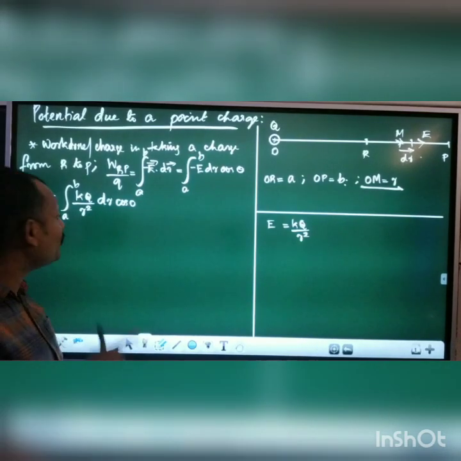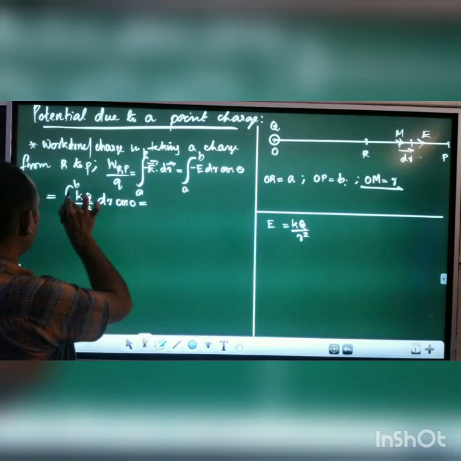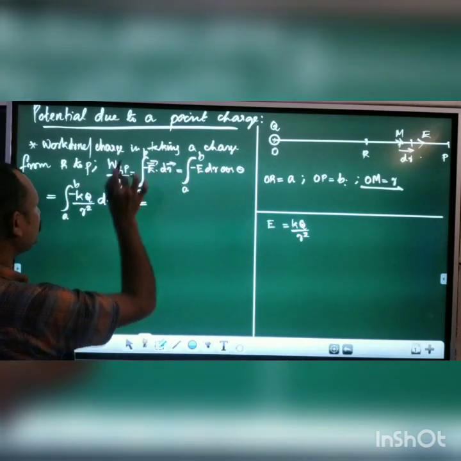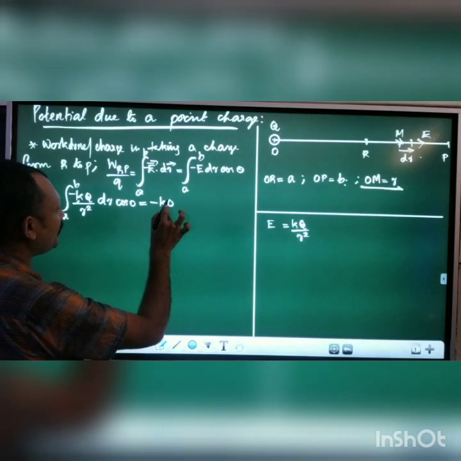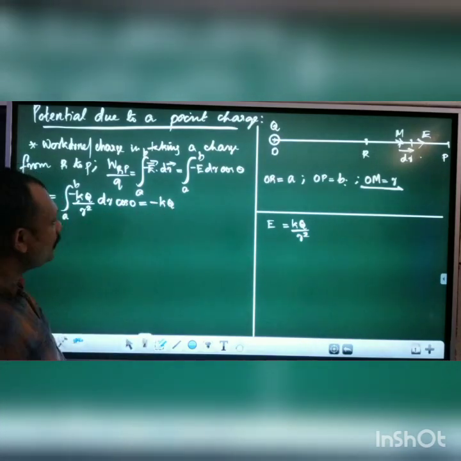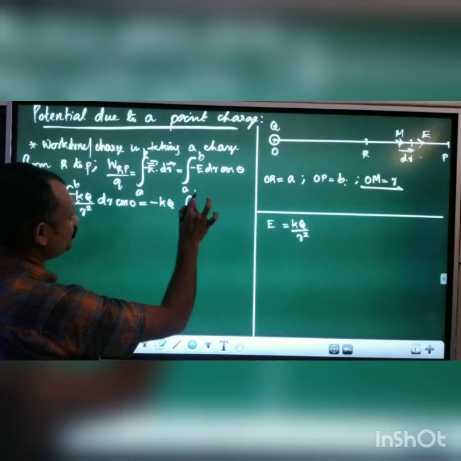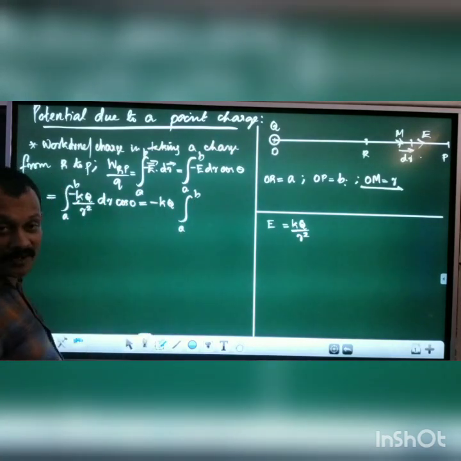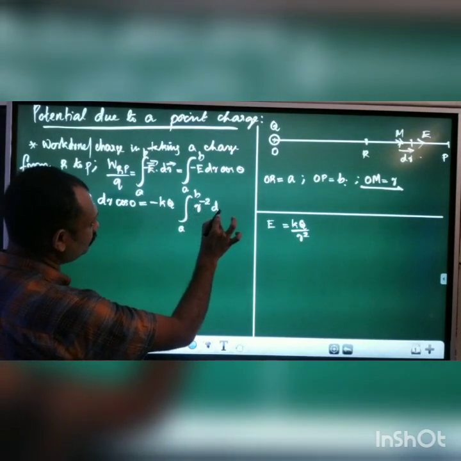You know it is equal to 1. The minus sign is here because of this. K and Q are constants which can be taken out of the integral: minus KQ into integral A to B. What is 1 by r square? r raised to minus 2 dr.